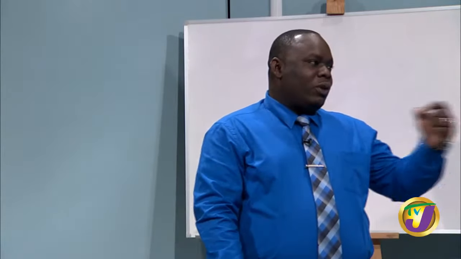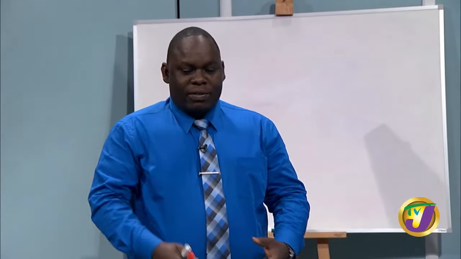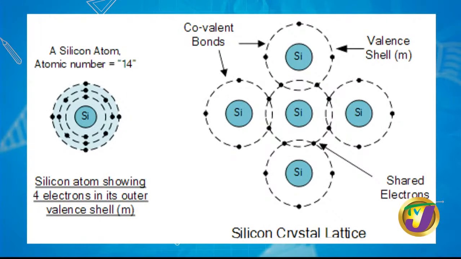Now, if we move back to our PowerPoint slide, you realize there that we have the silicon atom that we were speaking about earlier. And on our silicon atom, you realize where covalent bonds are coming from. So when we zoom in, you're going to be drawing this lattice structure very soon. So I encourage you please to get out your pens and your papers and your pencils, because we want to ensure that you retain the information that we're referring to.